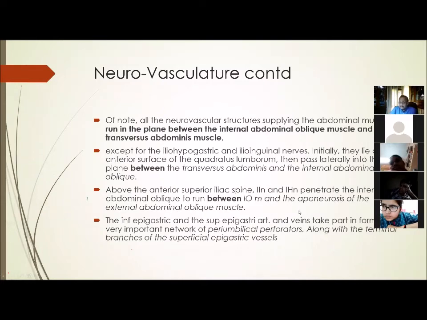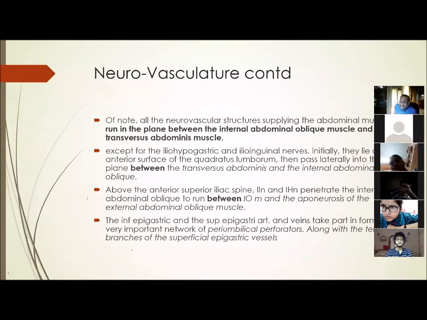So see the course that they are following. Initially over the quadratus lumborum, you have to imagine this in your mind. Initially over the quadratus lumborum, then perforating the transversus abdominis, in between transversus abdominis and internal oblique. Now at the ASIS, perforating the internal oblique.